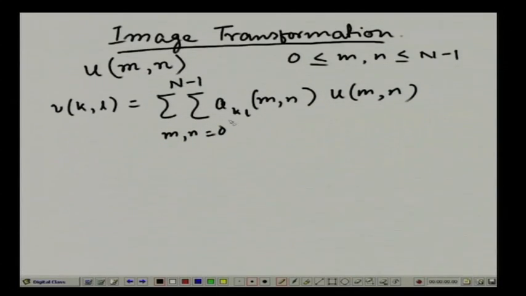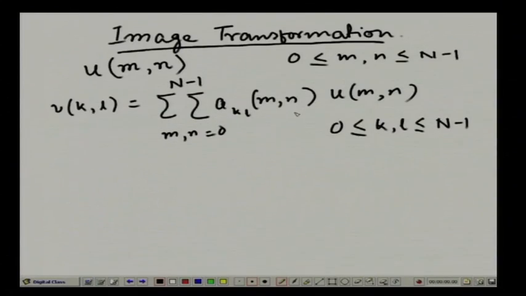Here A k L is a matrix again of dimension capital N by capital N, but in this case the matrix itself has an index k L, and this computation of V k L has to be done for 0 less than or equal to k, L less than or equal to capital N minus 1. This clearly shows that the matrix we are taking is of dimension capital N by capital N, and not only that, we have capital N square such matrices or such unitary matrices.